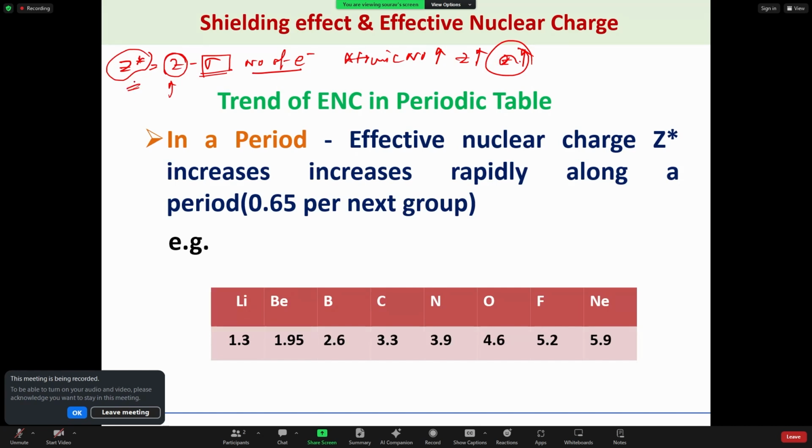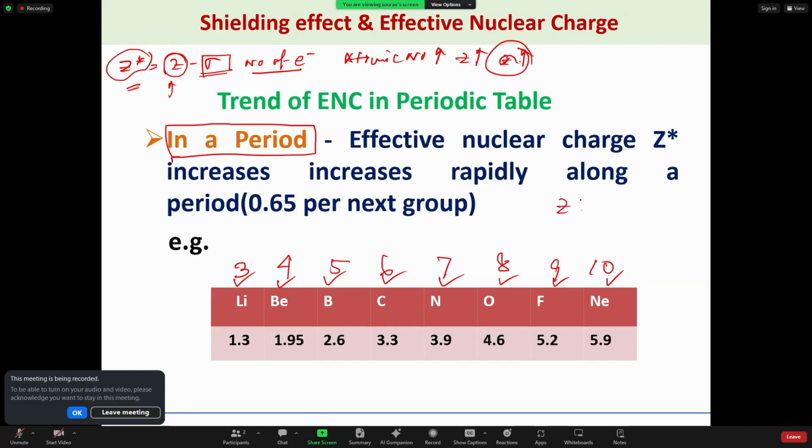So similarly, here you can see that in a period, suppose we are going from lithium to beryllium, boron, carbon, nitrogen, oxygen, fluorine, neon. So the atomic numbers are 3, 4, 5, 6, 7, 8, 9, 10. So this atomic number is increasing.